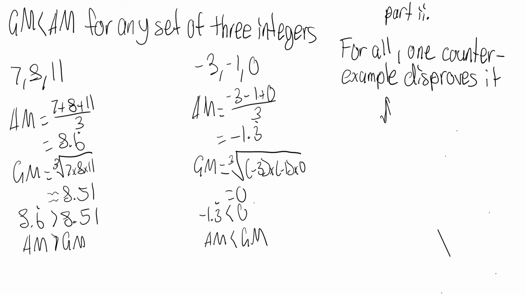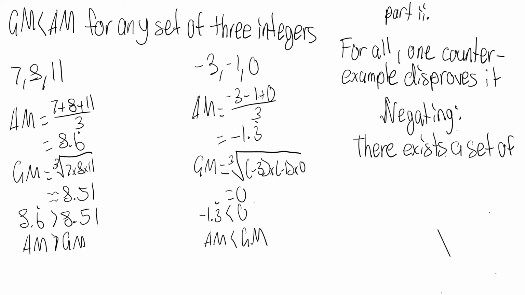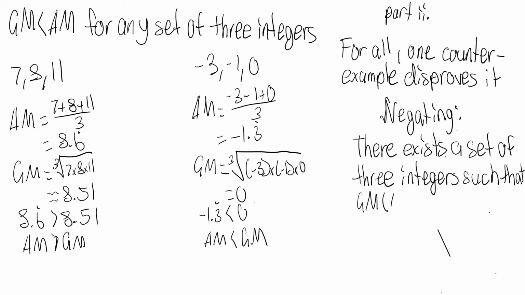So negating that statement gives us there exists a set of 3 integers such that the geometric mean is less than the arithmetic mean.